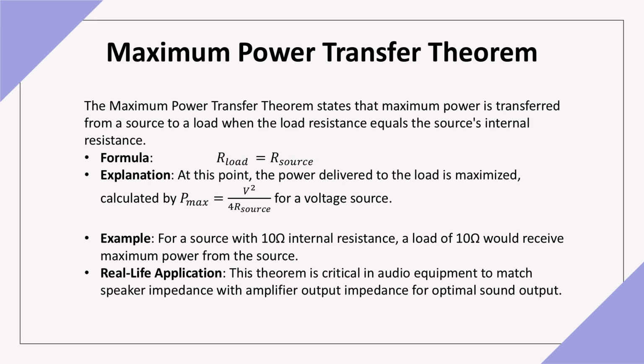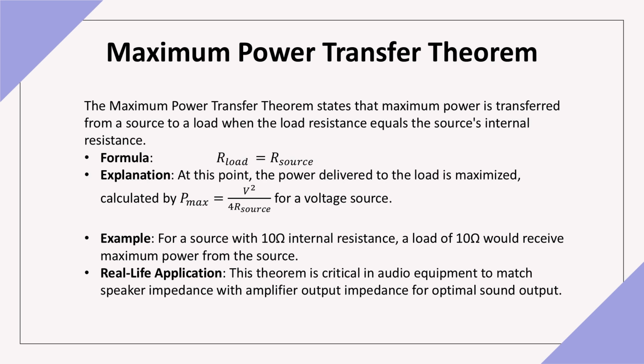The theorem states that maximum power transfer occurs when the load resistance, RL, equals the source's internal resistance, RS. Mathematically, RL equals RS. When this condition is met, the power delivered to the load is Pmax equals V squared divided by 4 RS.